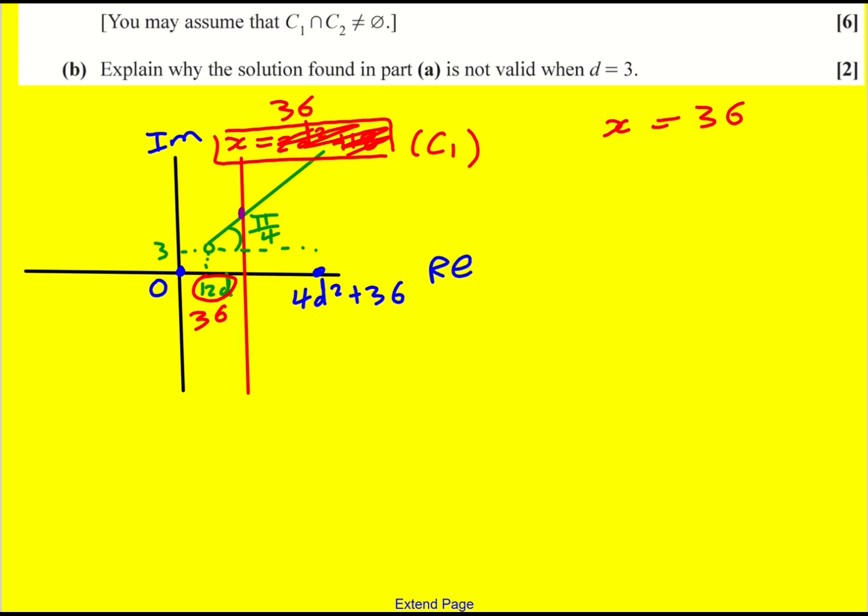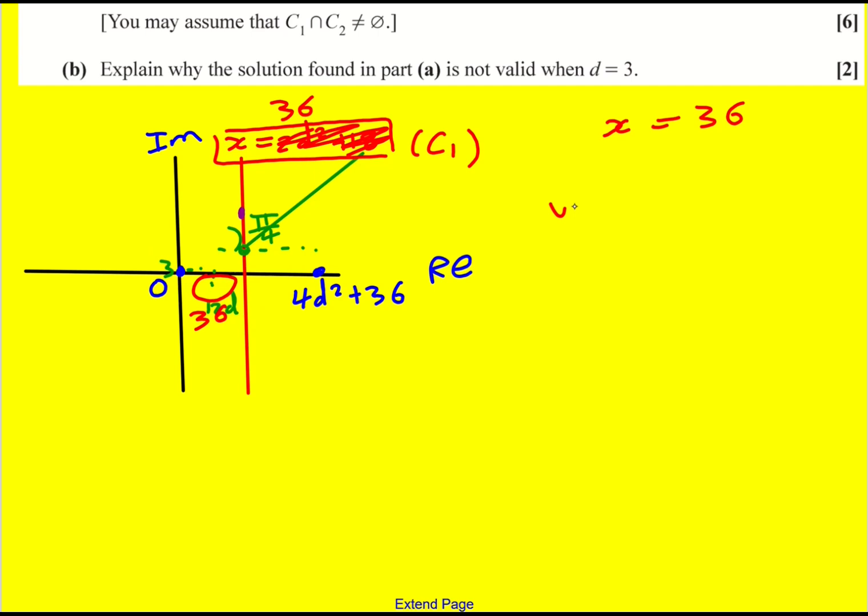So actually, I quite like it from the diagram. What this means is the line is actually going to start here. And that's where the problem lies.